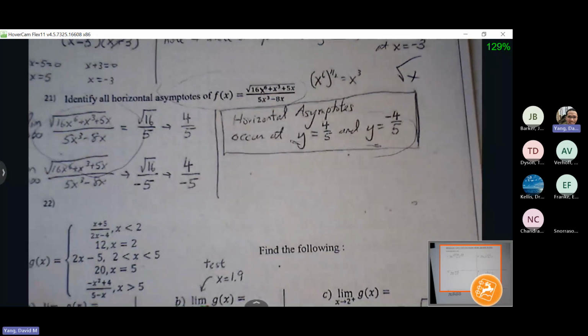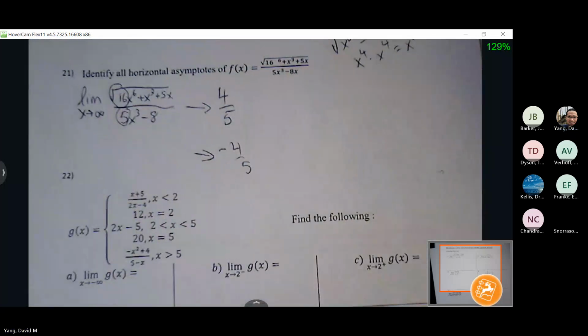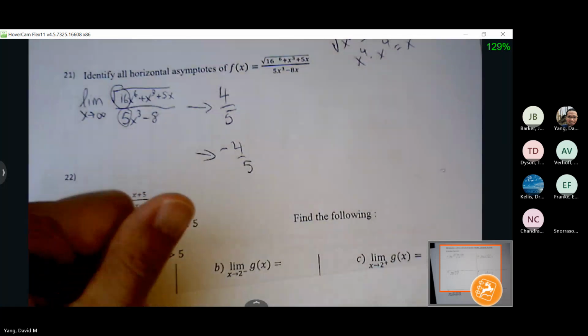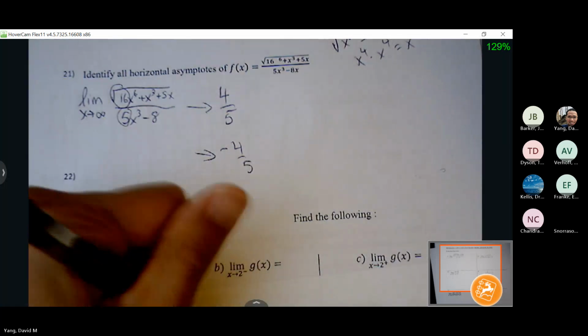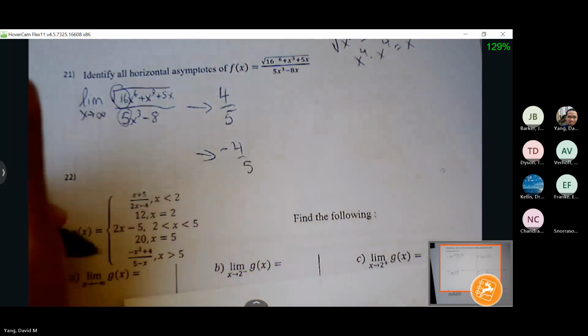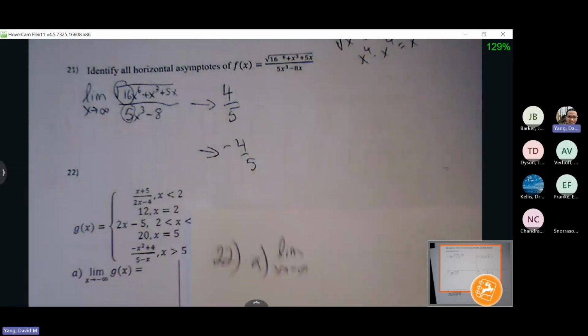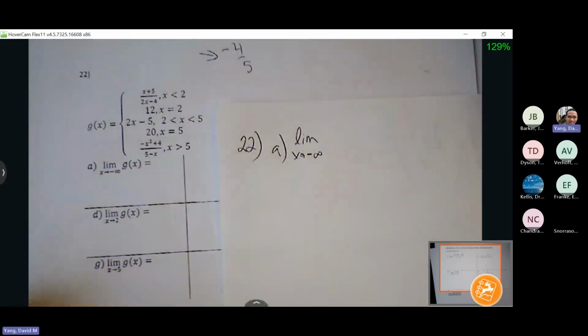All right, a big piecewise function here, number 22. Limit as x approaches negative infinity. Which one do we choose?